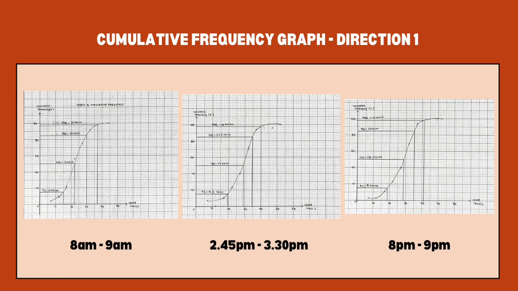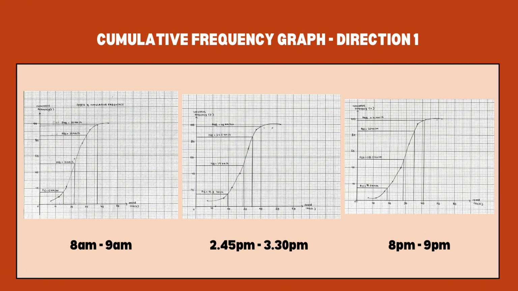Then the direction 1 data for cumulative frequency graph shows the morning, evening and night data, with 15 percentile is 15 km per hour, 19.5 km per hour and 18.5 km per hour, while 85 percentile is 30 km per hour, 34.5 km per hour and 35 km per hour, and 98 is 36 km per hour, 40 km per hour and 41 km per hour.